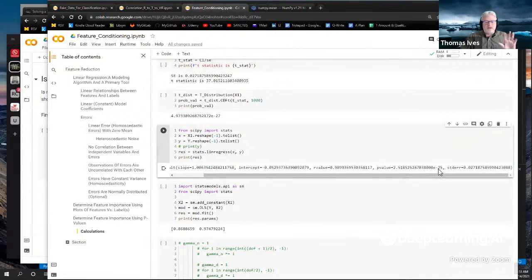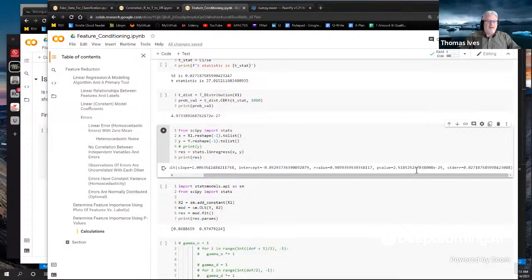Now, if you're still learning about p-value, I sympathize, it can be hard. But is this telling us that we can reject our null hypothesis that there's no correlation between feature and label? What do y'all think? Just raise your hand if you want. What do you think?